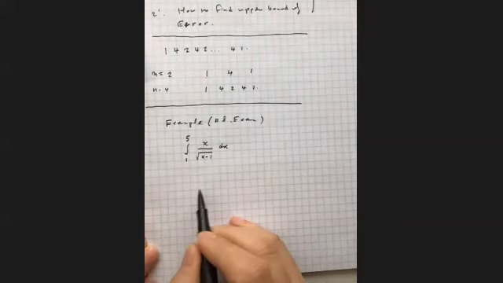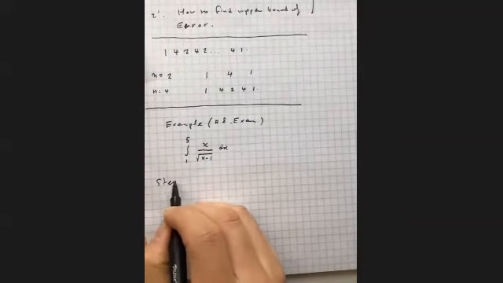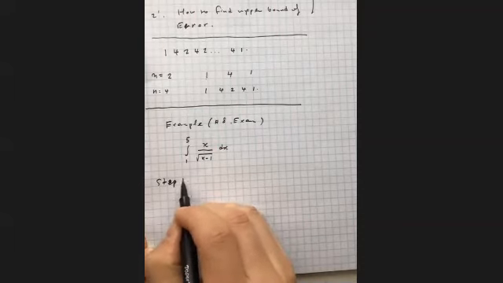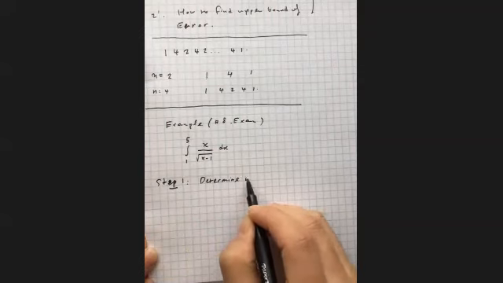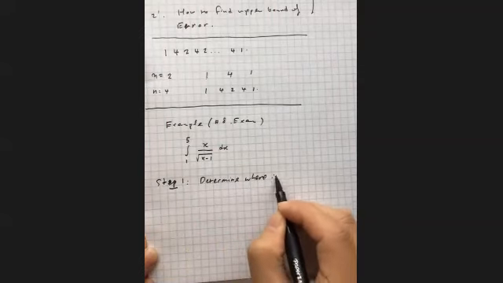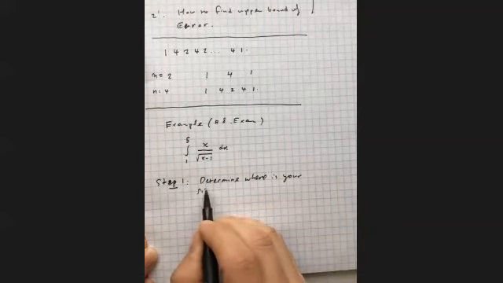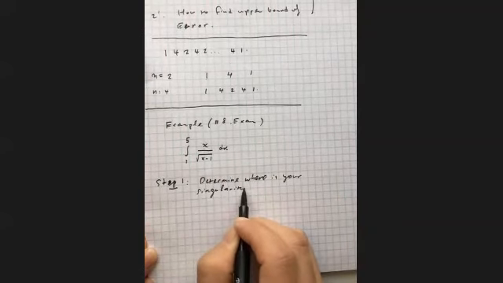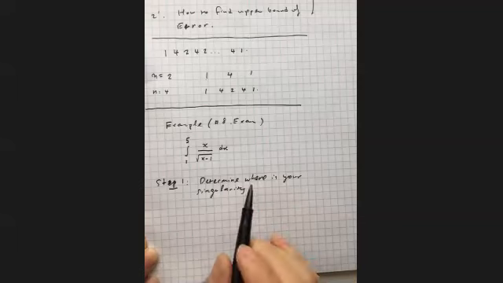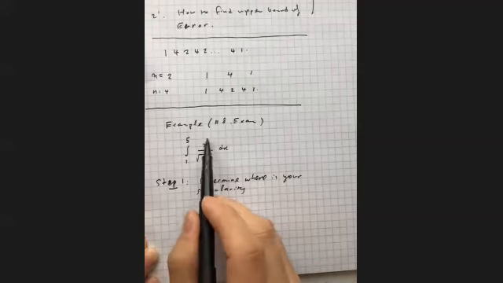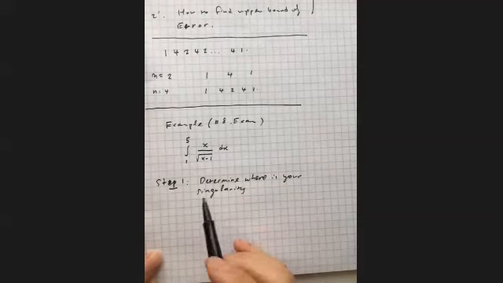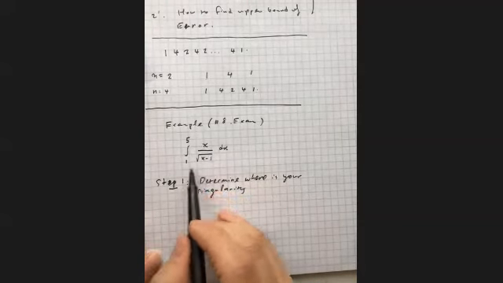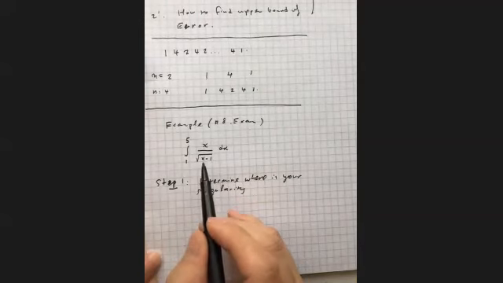So first of all, let me break it into steps so that it makes it more clear. Step 1 is to determine where your singularity is. By singularity, I mean at which point this expression makes no sense, is not defined. In this case, this is an improper integration of the second type, meaning that the integrand will blow up at a given point.